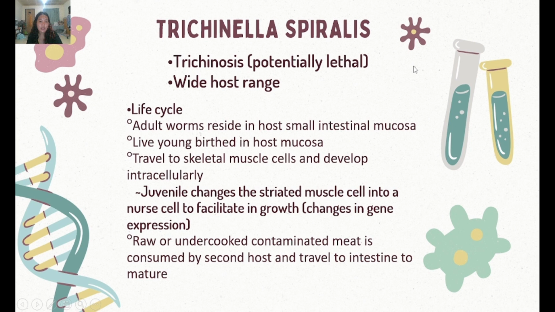Nya, mag-cause siya og itching. Nya, if ma-itch na siya kay naay tendency nga scratch na nato nga area, nya mao na ang eggs nga naa sa anus kay mapunta sa fingernails or imo mabutang sa fingernails.